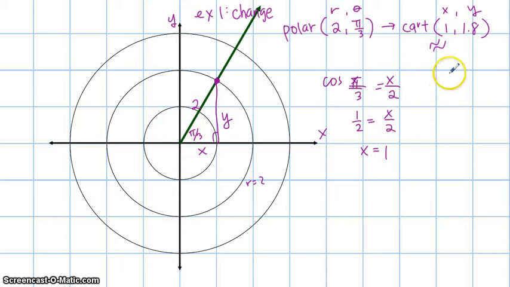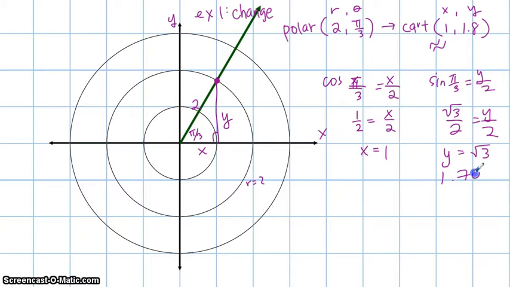Yay! Now the y value: sine of pi over 3 is equal to opposite over hypotenuse. So sine of pi over 3 is square root of 3 over 2, which is equal to y over 2. So then y is going to equal the square root of 3, which is approximately 1.7071.